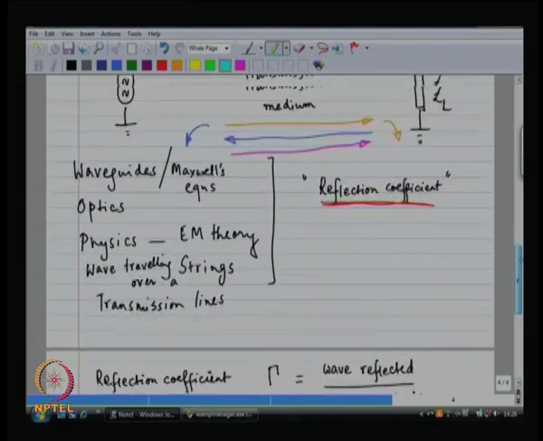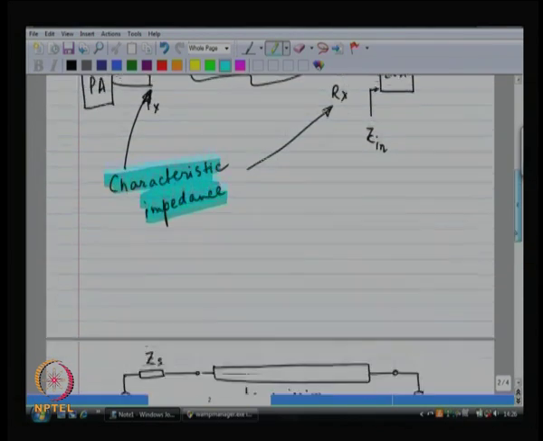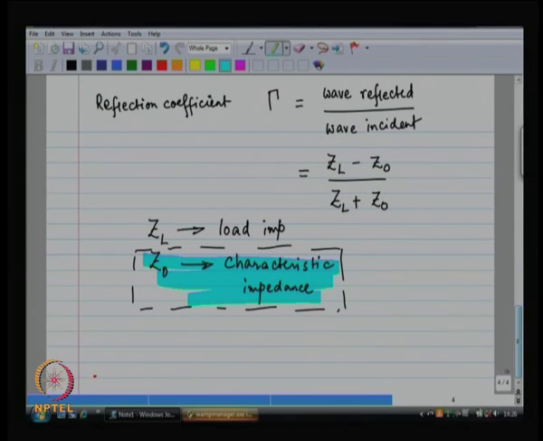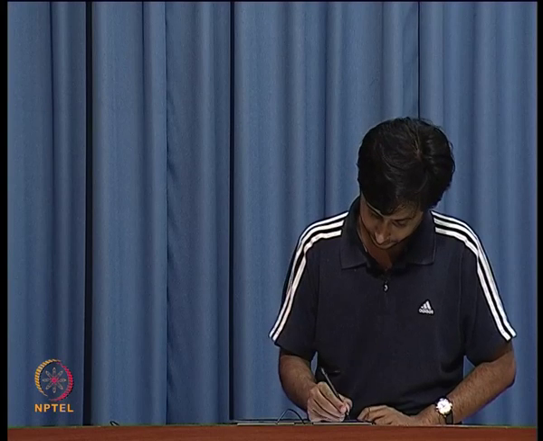So, this word came up earlier. Every transmission medium has a characteristic impedance, whether it is a wire, whether it is the atmosphere, whether it is an optic fiber, whatever it is, as long as it is transmitting an electromagnetic wave, it has a characteristic impedance.